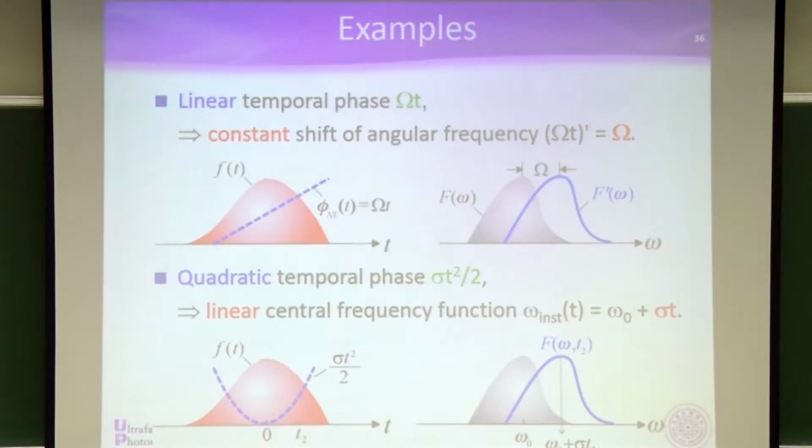So if you observe an earlier time here, you get a spectrum like the red one, and the central frequency is lower. If you observe a later time like T2, the center frequency is higher.